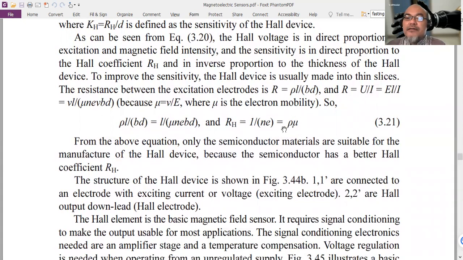With a normal conductor like copper or aluminum, the resistivity is small. While for semiconductors like silicon, p-doped and n-doped silicon, this rho can be tuned. The mobility can also be tuned.